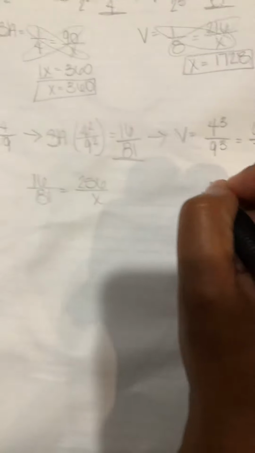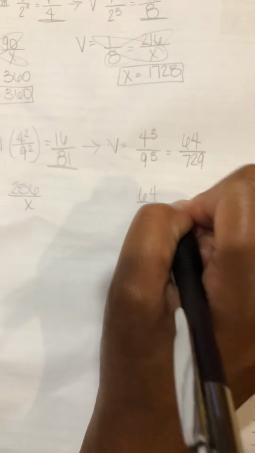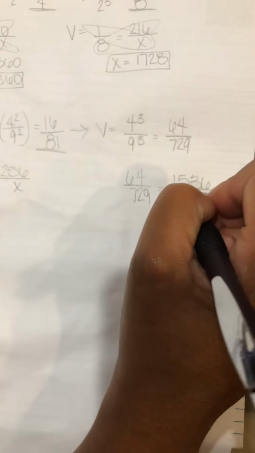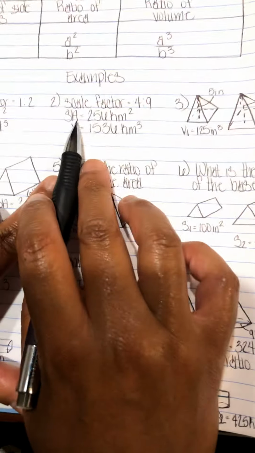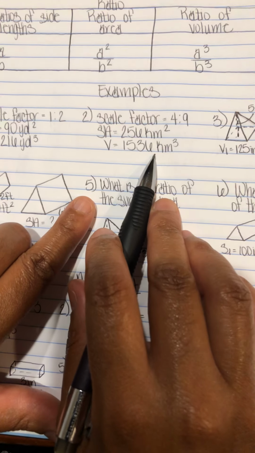And for volume, I'm going to do 64 over 729 is equal to 1536 over x. Because again, remember, my surface area said 256, my volume said 1536. So now all I need to do is cross multiply.